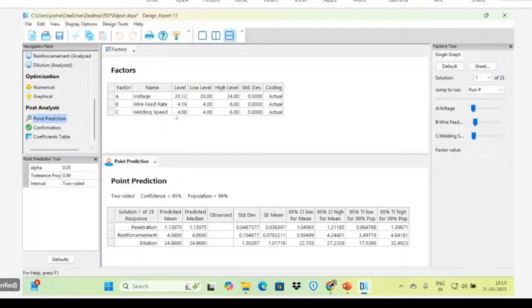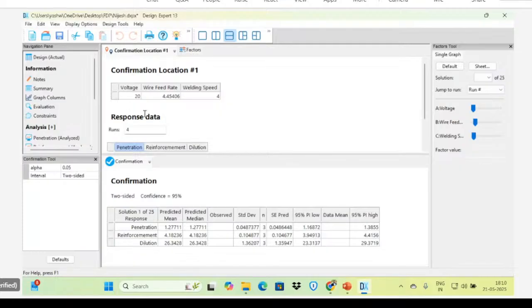So this combination we have to try, and experimentally we have to put the values, and we can make the bead. And our result should be almost like this. Penetration should be 1.13, reinforcement should be this, and dilution should be this. Okay.